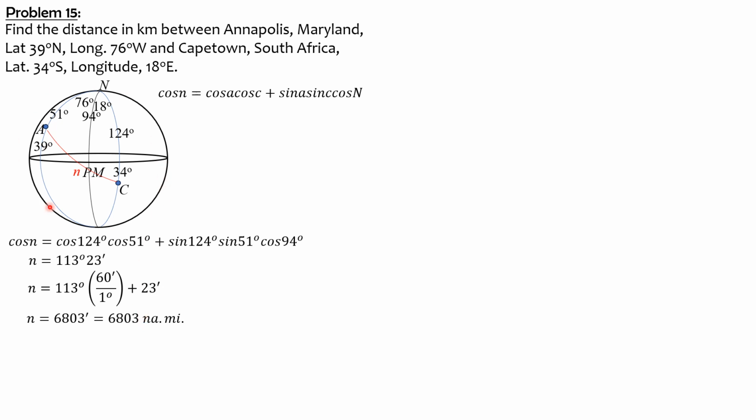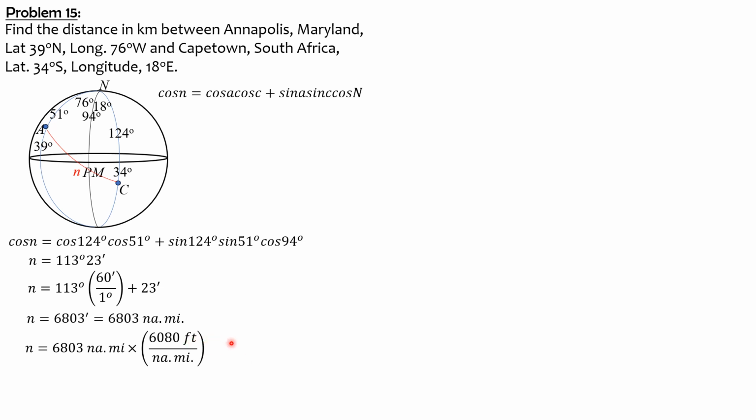for a terrestrial sphere such as the Earth. Then we convert this to kilometers. So n equals 6,803 nautical miles times 6,080 feet per nautical mile times 0.3048 meter per foot, or if you are not familiar with that, 1 meter in the numerator, 3.281 feet in the denominator.